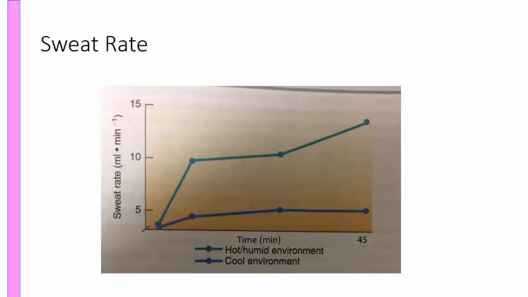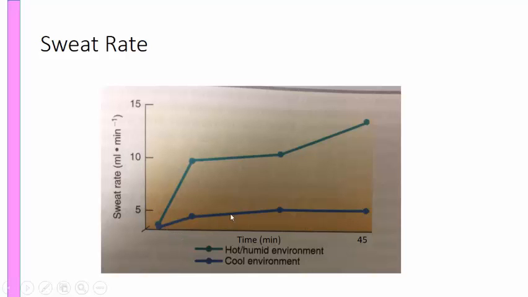Sweat rate is going to be our marker of our evaporative heat loss process. We have sweat rate on the y-axis and time on the x-axis, so again we're at a steady state constant exercise intensity.